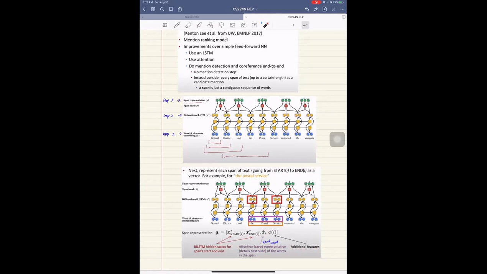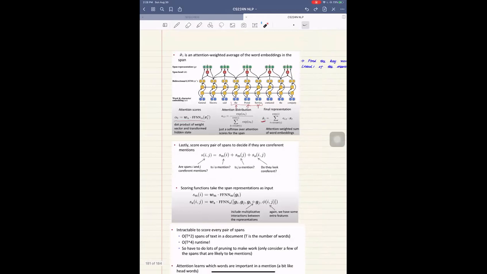Okay, so now let's go into this step a little bit more. What kind of role does attention play in the span representation? Suppose we have this example, the postal service. We need to find the mention of this span, or the header word, which are the same thing.